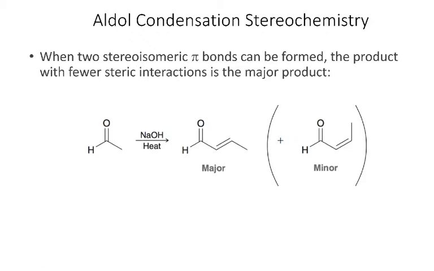Now, generally, these aldol condensation products are going to be unsymmetrical alkenes, and so we're going to preferentially form the alkene that is less sterically hindered. So we would rather have the E isomer rather than the Z isomer.